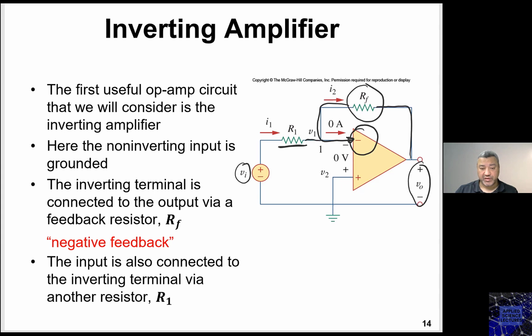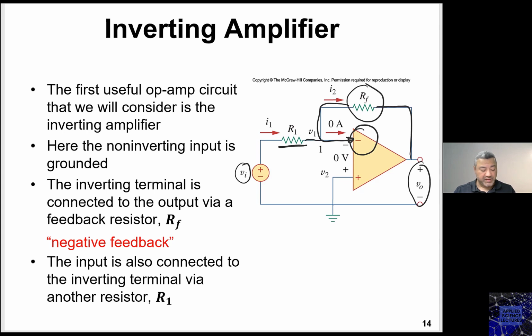We need a stable circuit, so it will be connected through the negative feedback. So always keep this in mind. Negative feedback. The output is connected to the inverting input. Okay. So this is how we achieve the negative feedback. This is how we achieve a stable circuit.